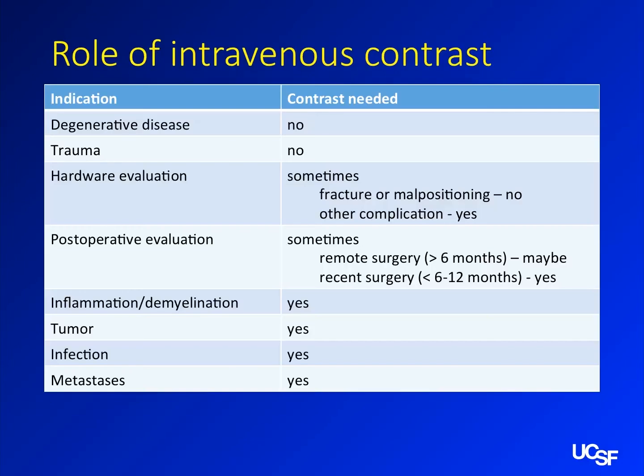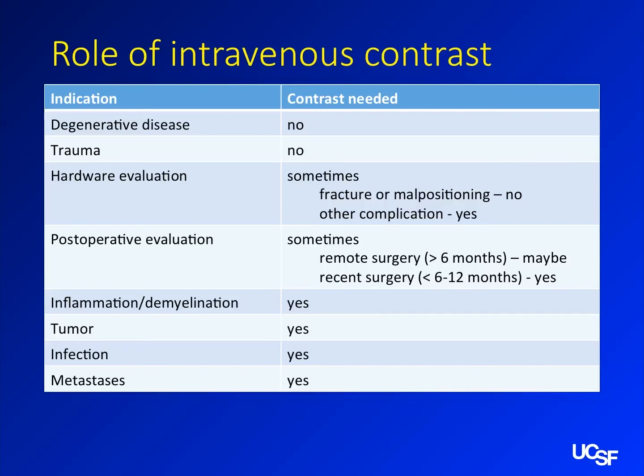The role of contrast in the spine has always been a little confusing because most of the time you really don't need contrast that much. When you're evaluating trauma or degenerative disease, you almost certainly don't need contrast. These rules apply to both CT and MR. If you're doing CT, you almost never need contrast because you're expecting that if there's something bad, you're probably going to get an MR anyway.